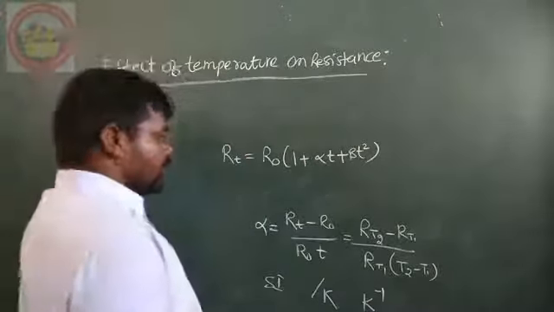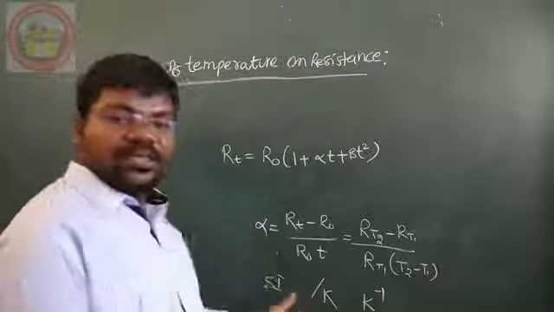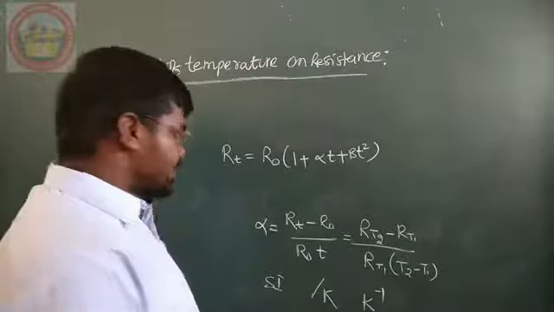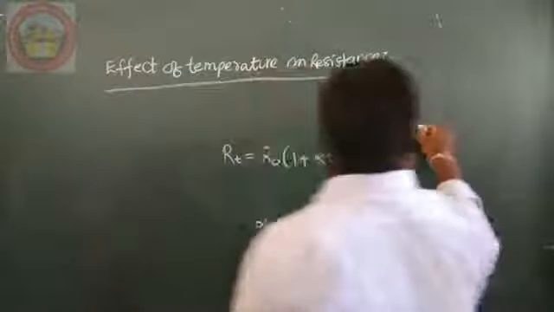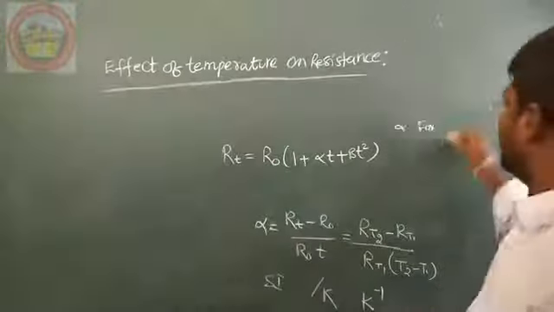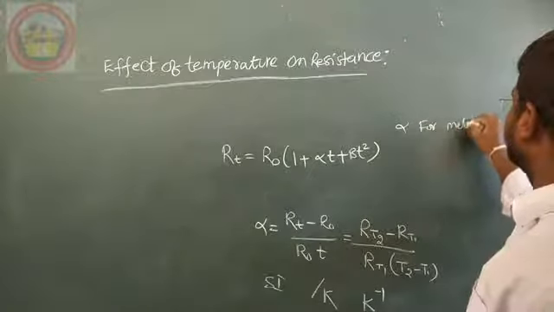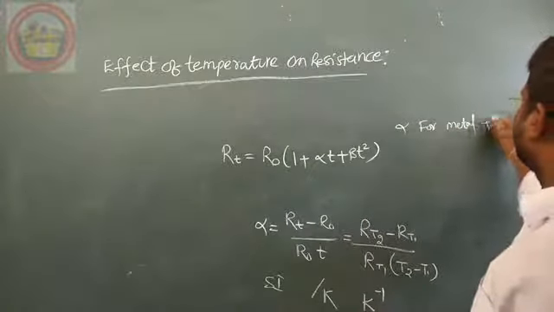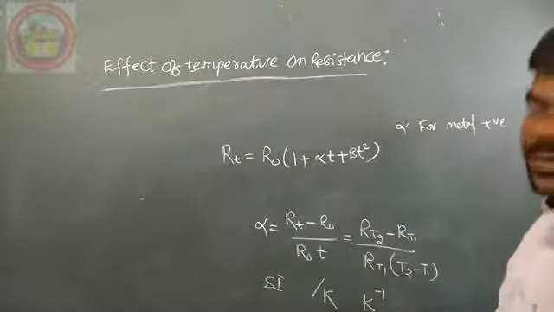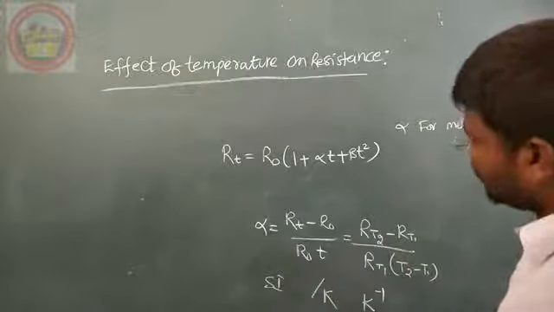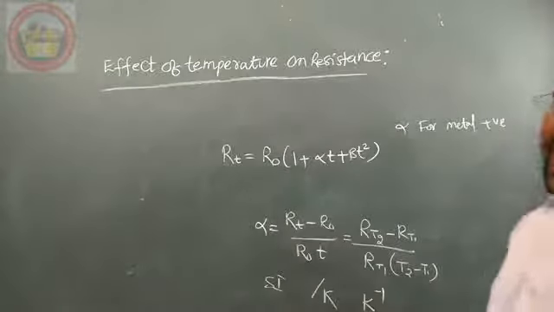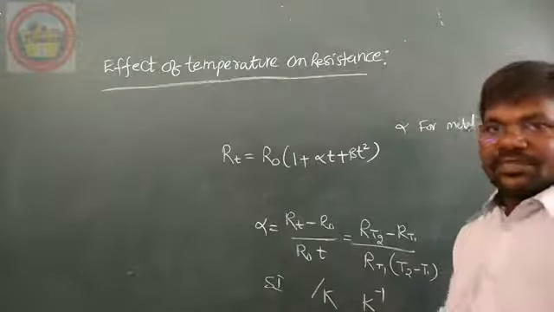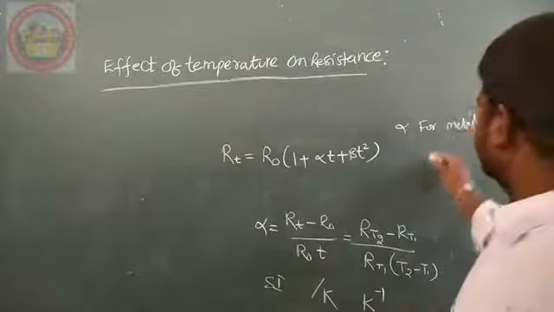The temperature coefficient of resistance alpha for metals is positive, which means that when temperature increases, resistance also increases.